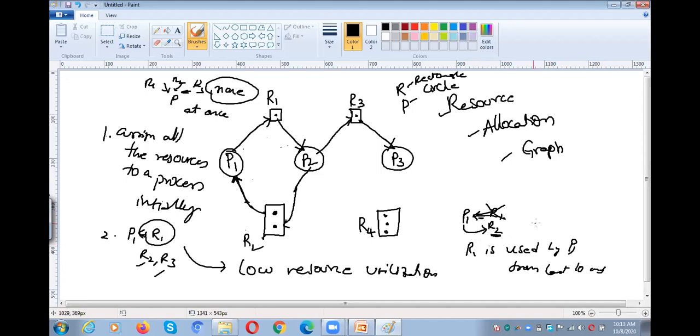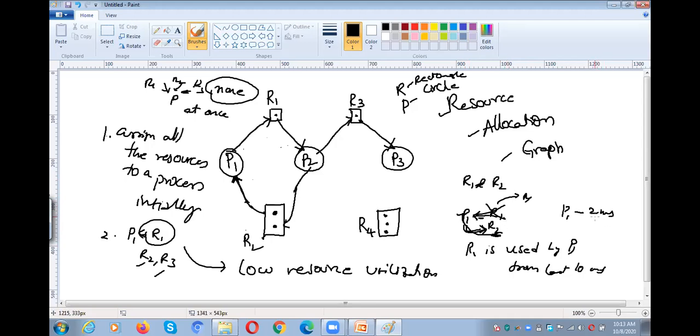Now after 10 milliseconds, P1 completes its task within 2 milliseconds. That means P1 is at the last stage of execution. At that time, P1 has to release R1 and request R2. Anyhow, we will assign R2 to P1, but R1 is no longer available. It requires both R1 and R2 in order to complete the task.